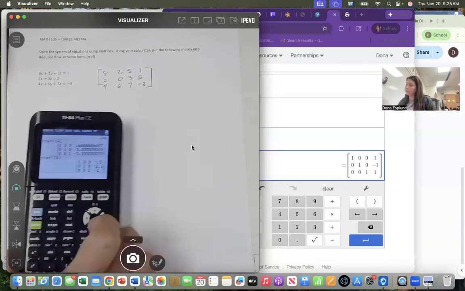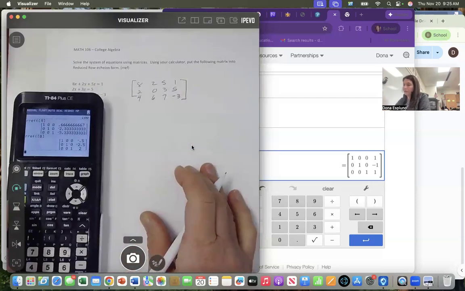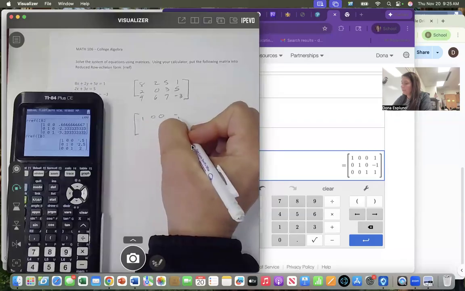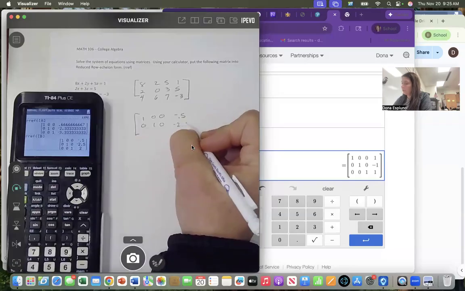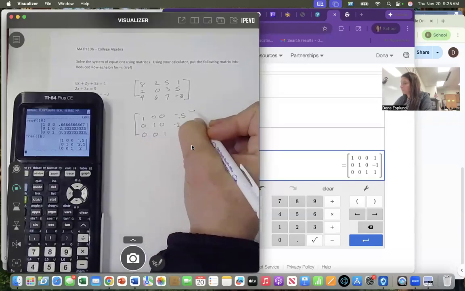Notice my reduced row echelon form from my calculator will be 1, 0, 0, -0.5, 0, 1, 0, -2.5, and then 0, 0, 1, and then 2.